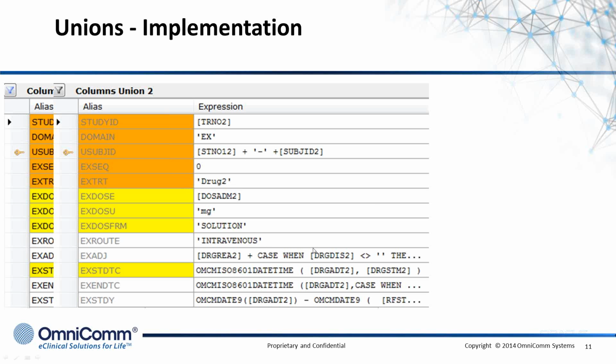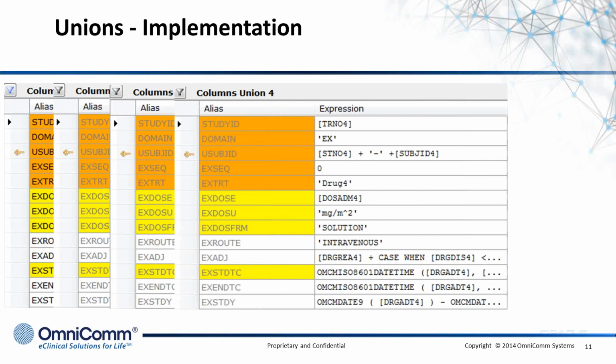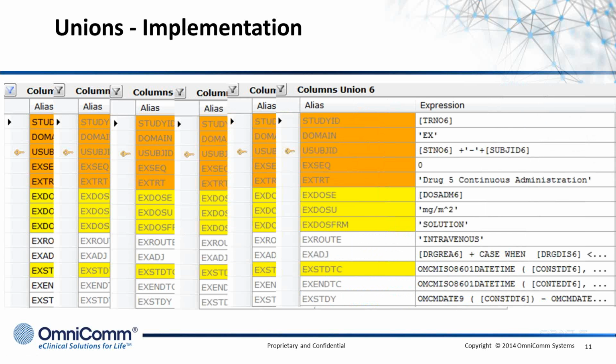So this is drug 2, and these would map to the items on the second drug administration form, and third, and fourth, and fifth, and sixth, and just keep going for as many actual dosing forms as you've got. And then you would typically use this filter icon here to filter out empty records, so only if there's actually a dose here do I include it. And now you get the complete set of all the dosing records across all the different dosing forms, no more, no less.